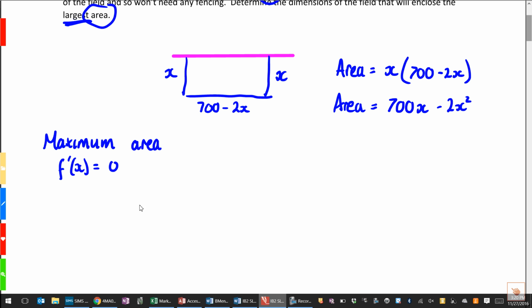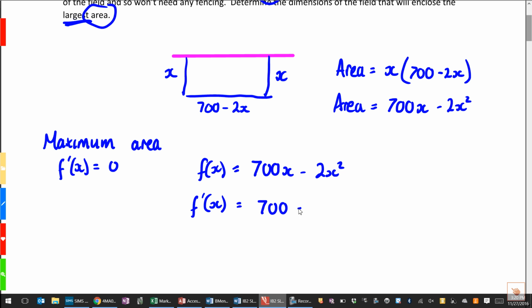So first off, if f of x equals 700x minus 2x squared, simple differentiation gives us 700 minus 4x. So then we are going to solve 700 minus 4x equals 0.